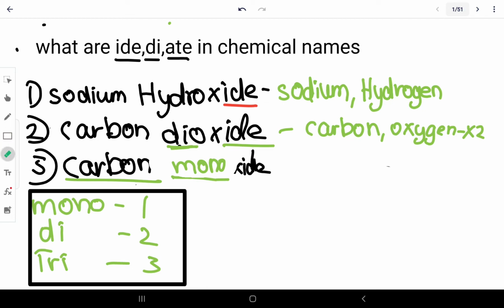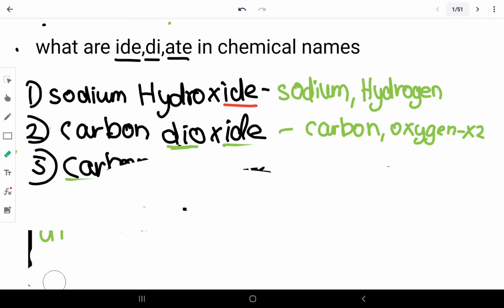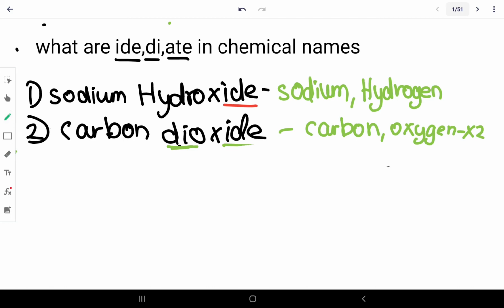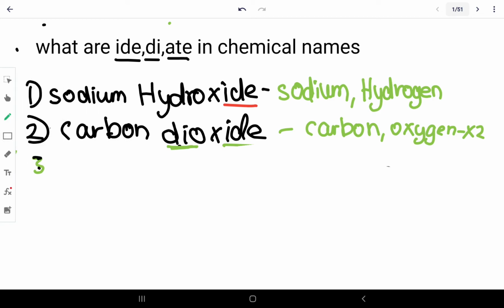Okay, so now let's clear this again and let's move to our exercises. Okay, now let me change my color. So third one is copper sulfate. So what are the components present?